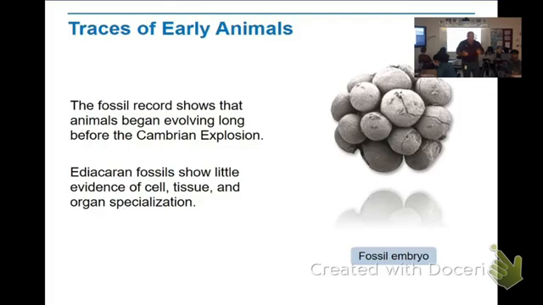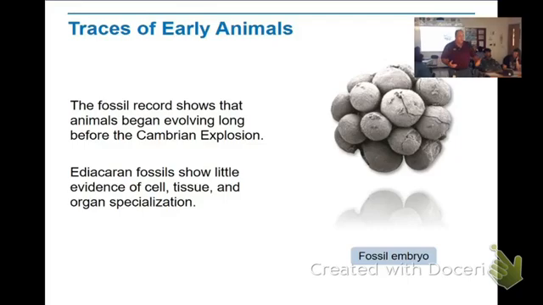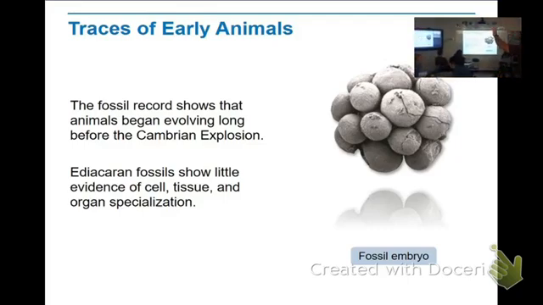So we can't say they weren't here. There are just no fossils of them before. Does that make sense? So it's called an explosion because there's lots of new creatures we discovered during that time period of fossils. So when it's talking about that, these guys were long before.